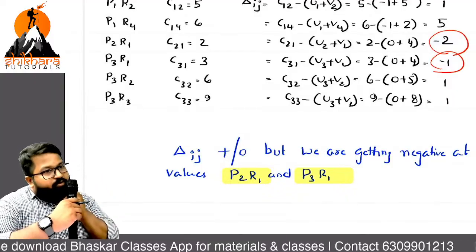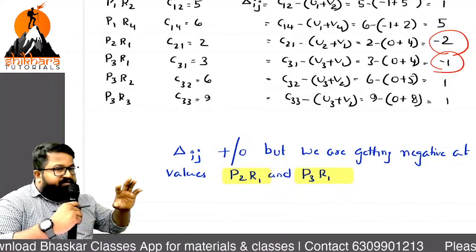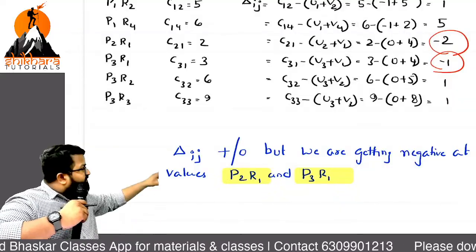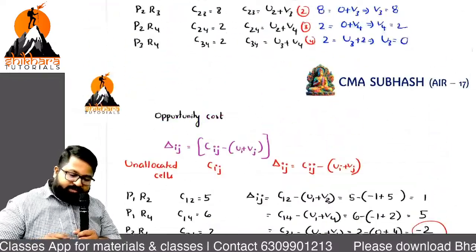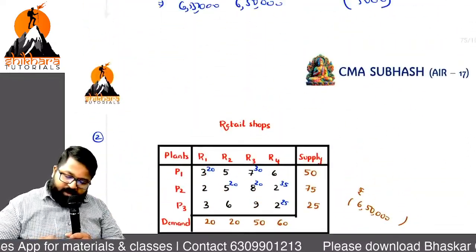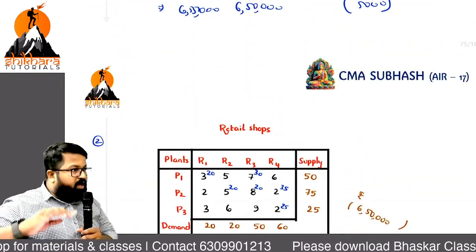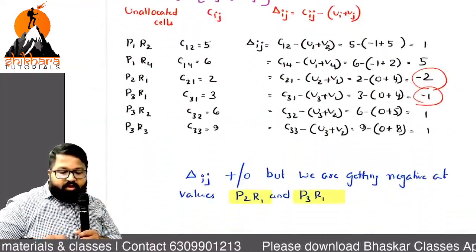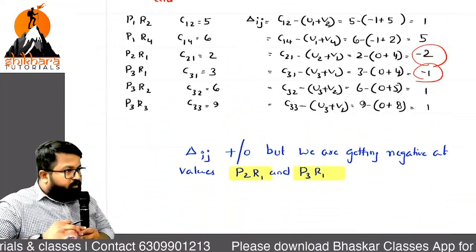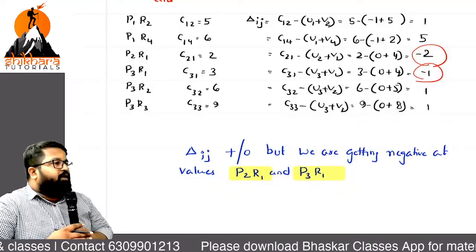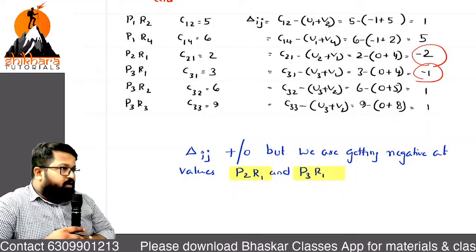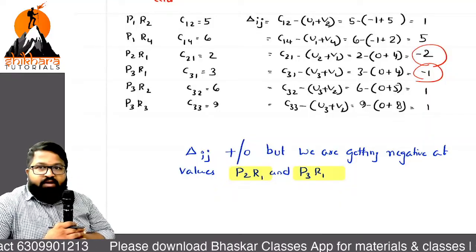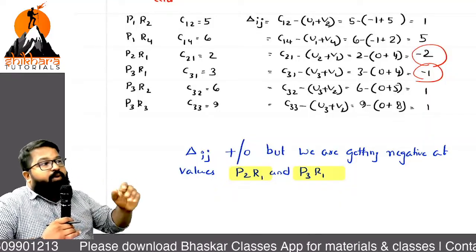If the answer is positive at every point, then whatever answer we have, that is 6 lakhs 50,000, will be the optimal answer. But here we are getting negative values, so the answer we have is not optimal. Some other reallocation should be done so that we get a perfect optimal answer.